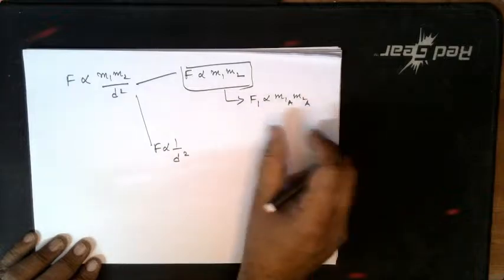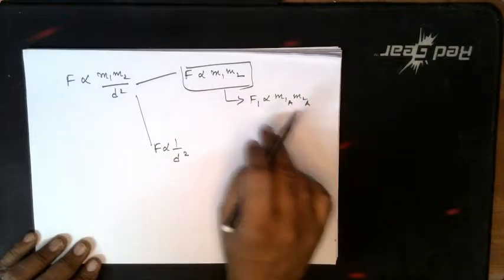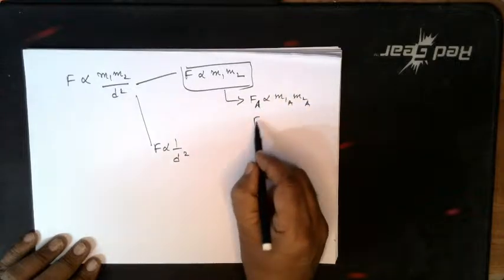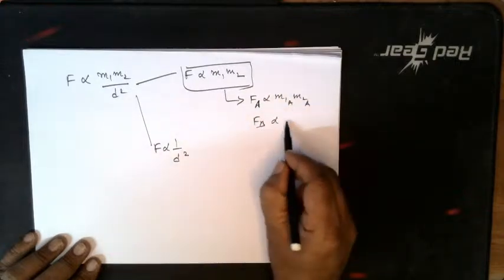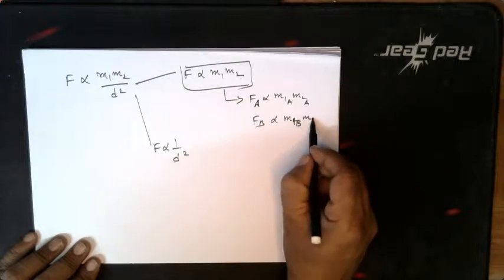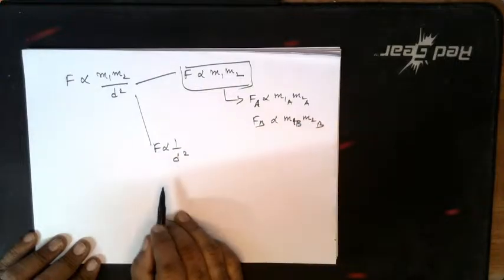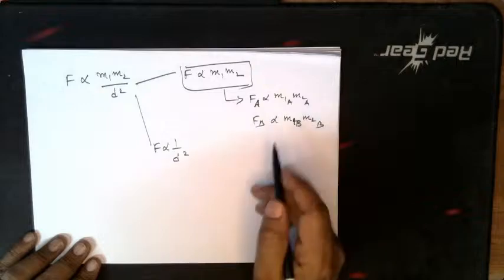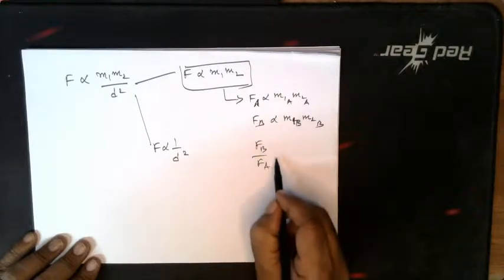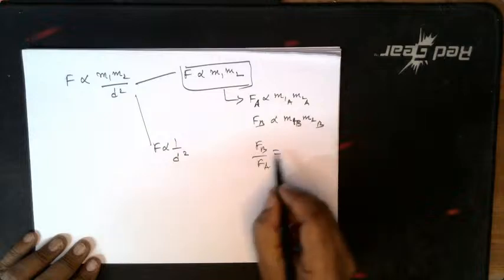If you have any confusion in putting prime, you can put A also. So this is FA. And FB is proportional to M1B, M2B.